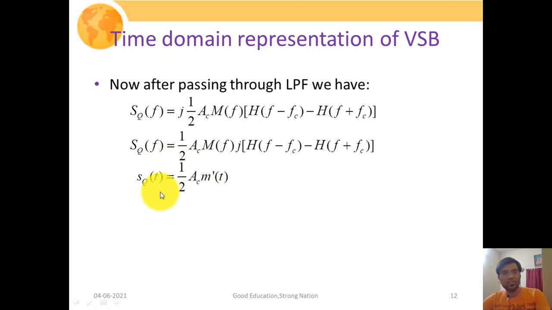Let us say s_Q(t) turns out to be half of A_C times m′(t). So the inverse Fourier transform of S_Q(f) is equal to s_Q(t), which equals half of A_C times m′(t).